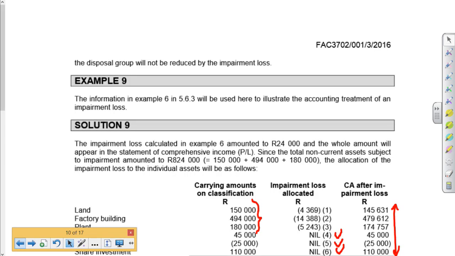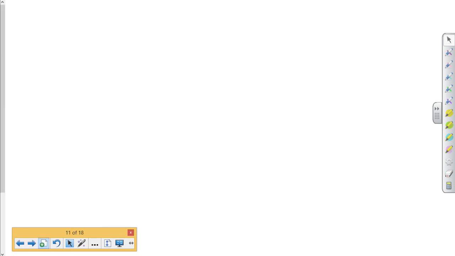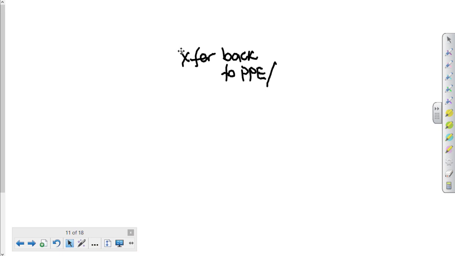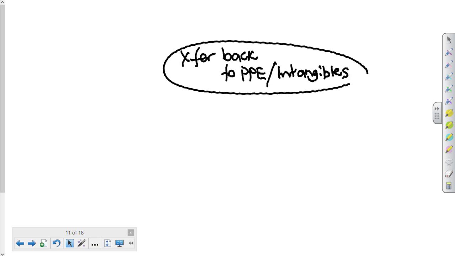Just before that, I want to talk to you about something that could happen, which is a transfer back to PPE or intangibles. In essence, what we're looking at is a change of plan. I said to you in the beginning that the criteria is strict.